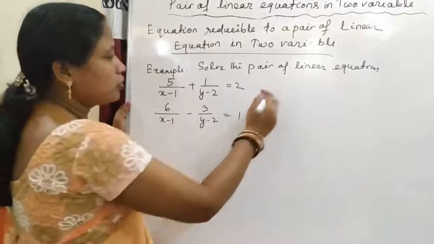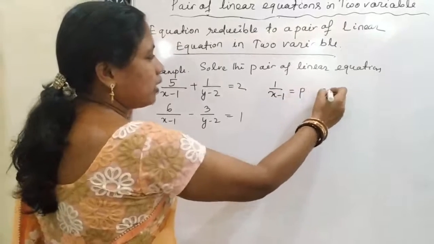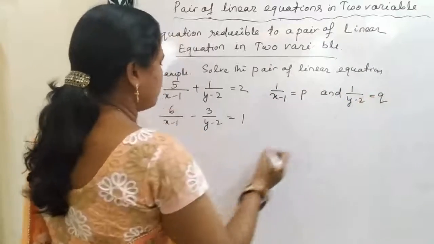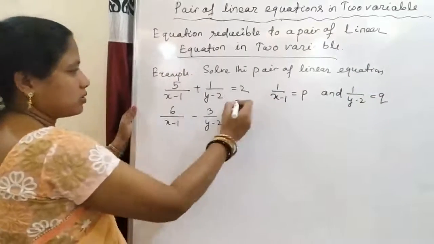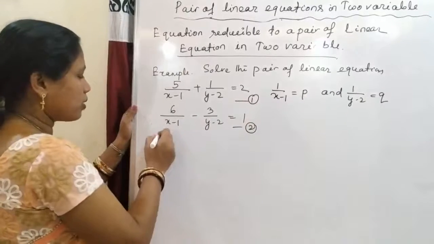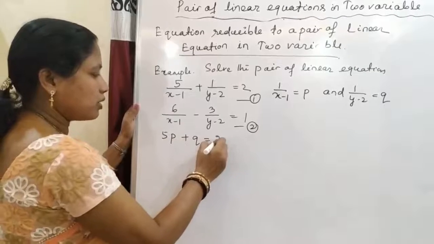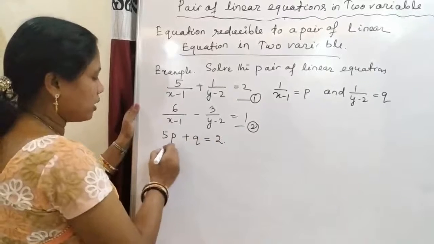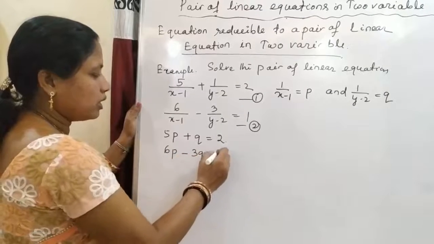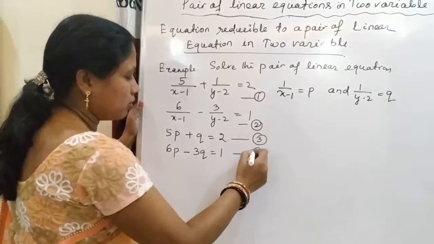So here you put 1/(x-1) = p and 1/(y-2) = q. So this is our equation 1 and this is equation 2. Equation 1 becomes 5p + q = 2 and equation 2 becomes 6p - 3q = 1. So this is equation 3 and this is equation 4.